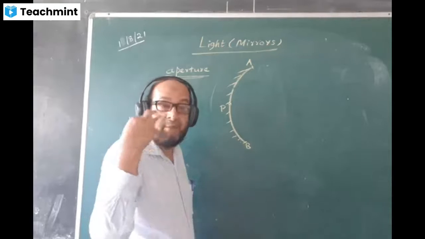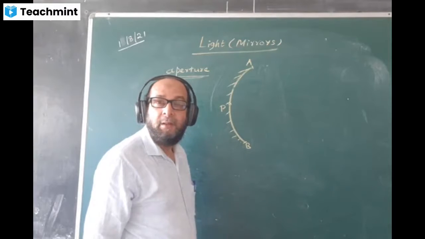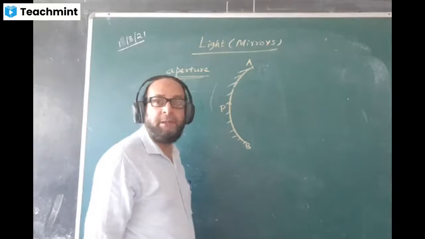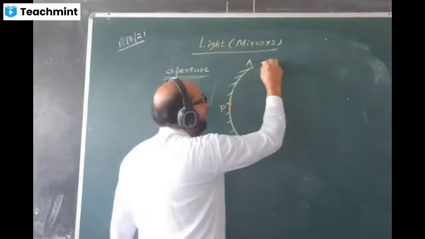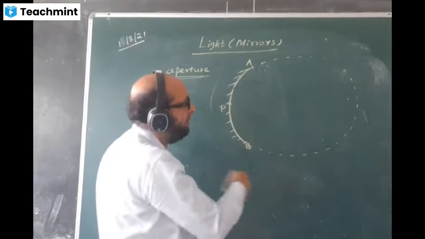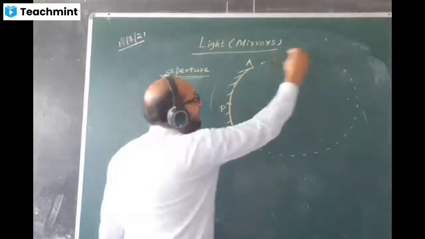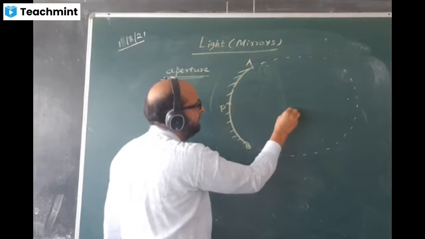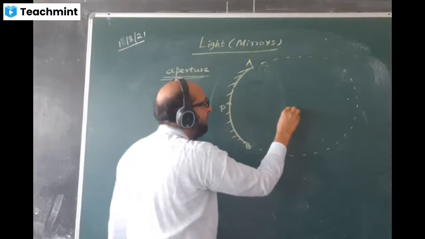It is an imaginary point, assuming that this is a part of a sphere. Where is the center of this sphere? I can guess it is somewhere here. That point I will mark as C.